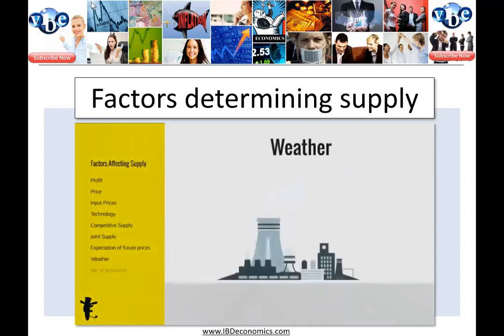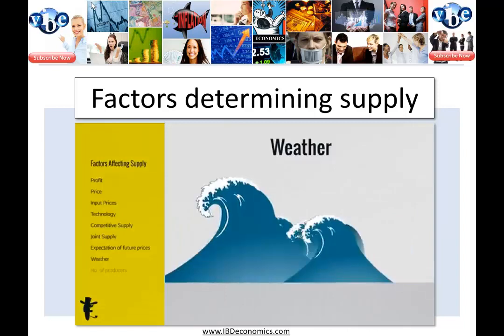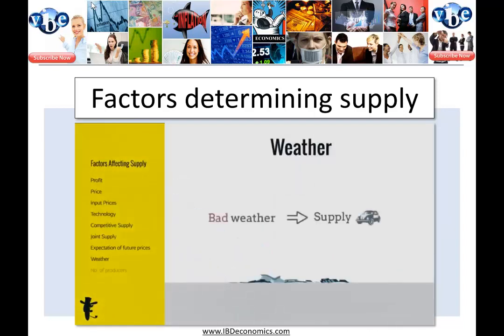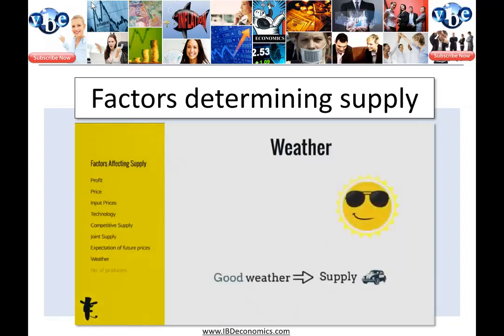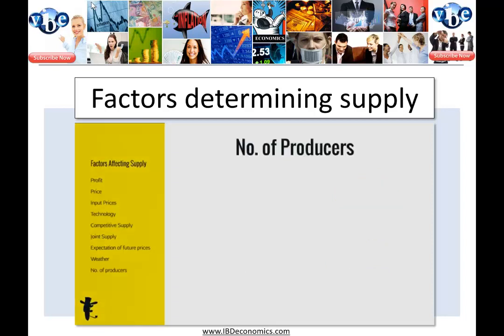Weather. Remember the tsunami that hit Japan in 2011? That destroyed many factories. So supply of many things like cars and electronics decreased in the short term. And of course, with good weather, supply increases. Number of producers.